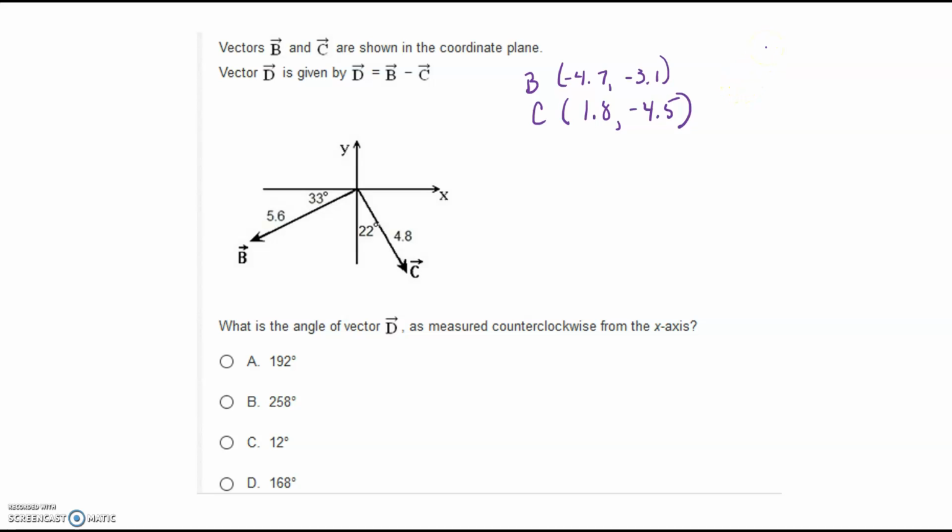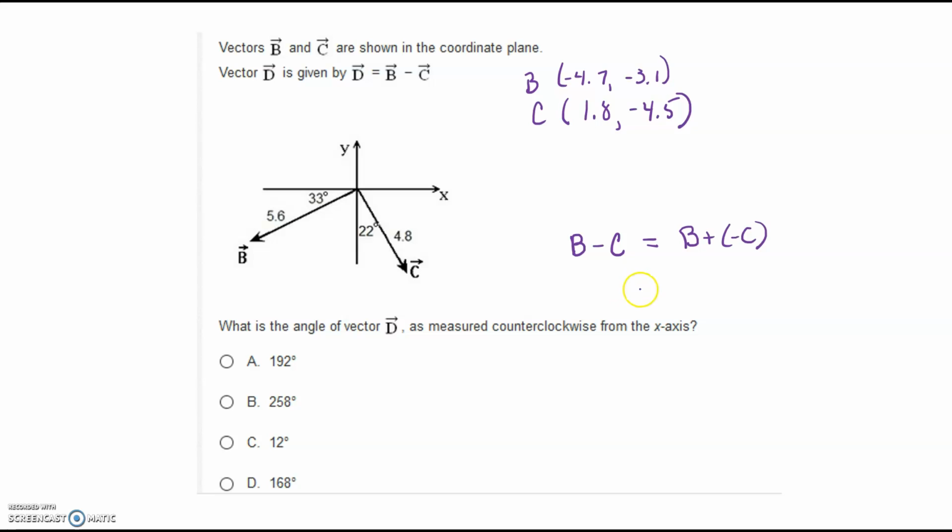And what I'm looking for is I'm subtracting. So I want to do B minus C, which looks like this. Okay. Which is actually B plus a negative C, and you'll see that here in just a second.